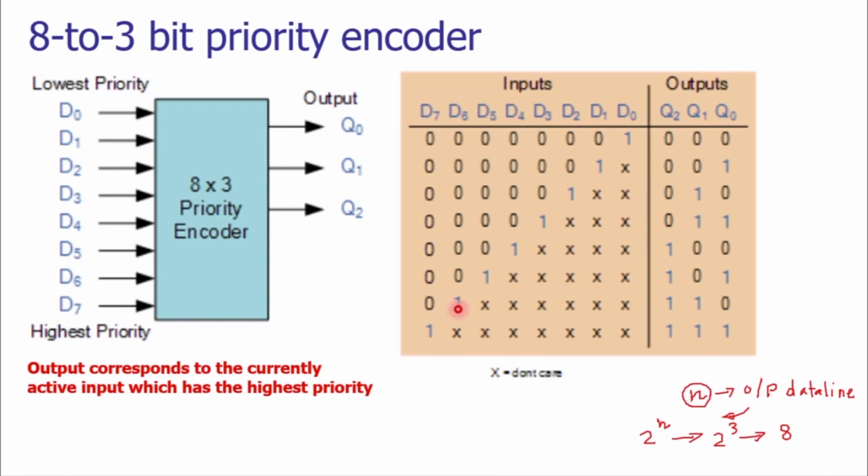If D6 is having the priority, then all other input data lines will be ignored. So based on this, we develop this input table, and for each and every row we will be having the output by using the logic gates.